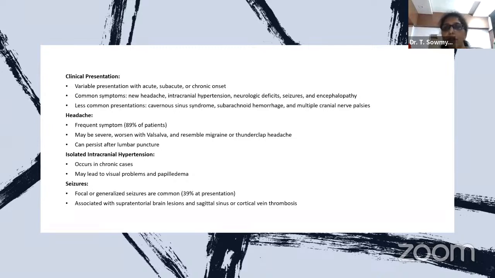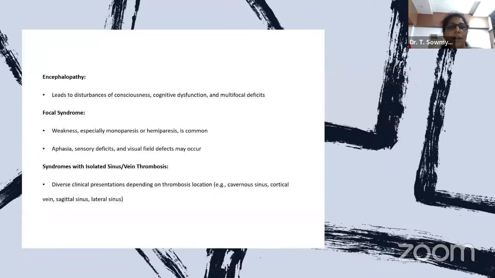And 39% of them present with seizures, which are mostly associated with supratentorial brain lesions and sagittal sinus and cortical vein thrombosis. And coming to encephalopathy, they can have disturbed consciousness, cognitive dysfunction, and multifocal deficits. The focal syndrome presents with weakness like monoparesis or hemiparesis.